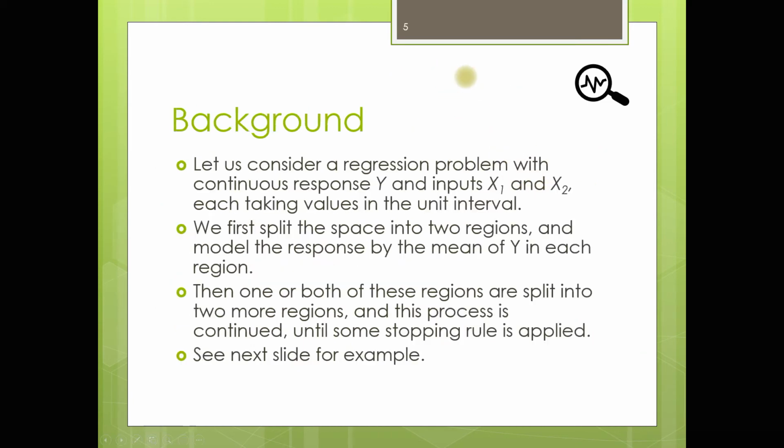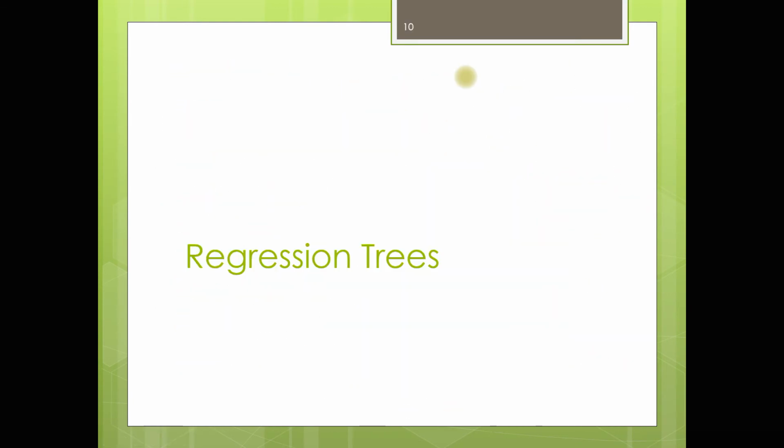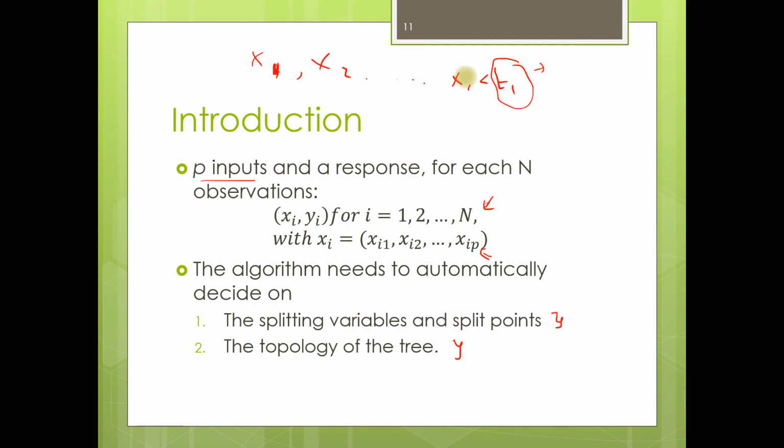All right, this is what I just mentioned here. The first thing is that you need to decide on the splitting variables and the split points, because there are 2 things here: which variable goes first and what value we are going to consider. For example, in the example that we took it was years less than 4.5.